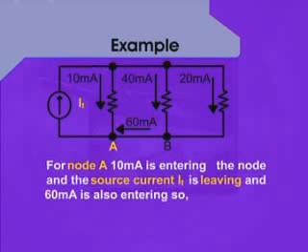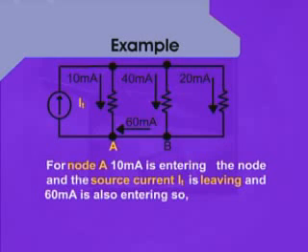At node A, you can see that a 10 milliampere current is approaching node A, and another 60 milliampere current is also approaching node A. Now, what is the value which is leaving node A?